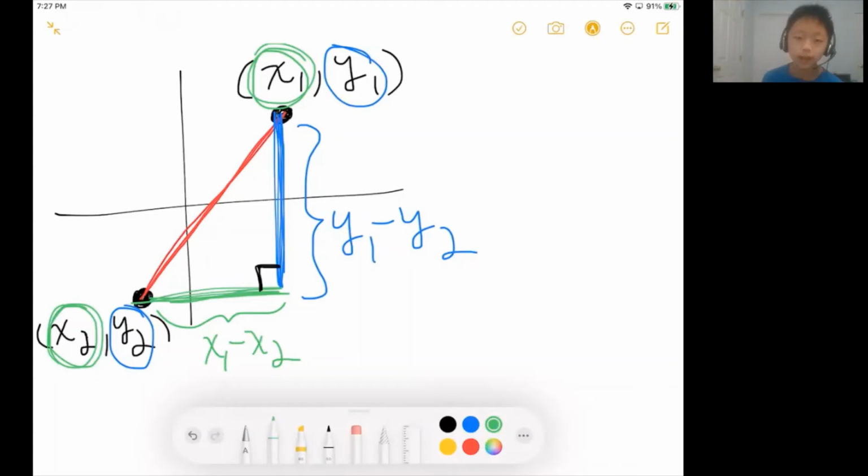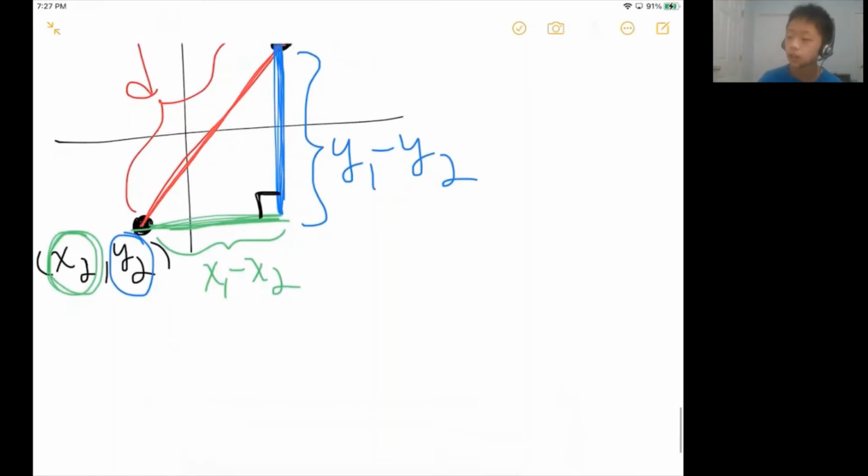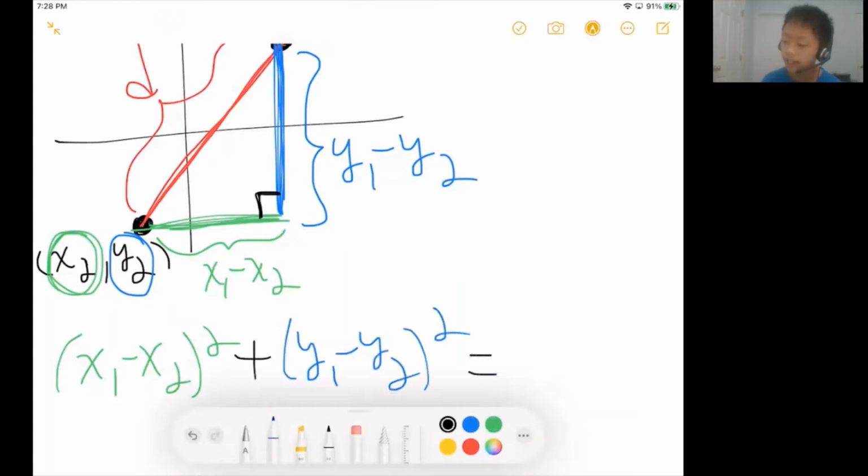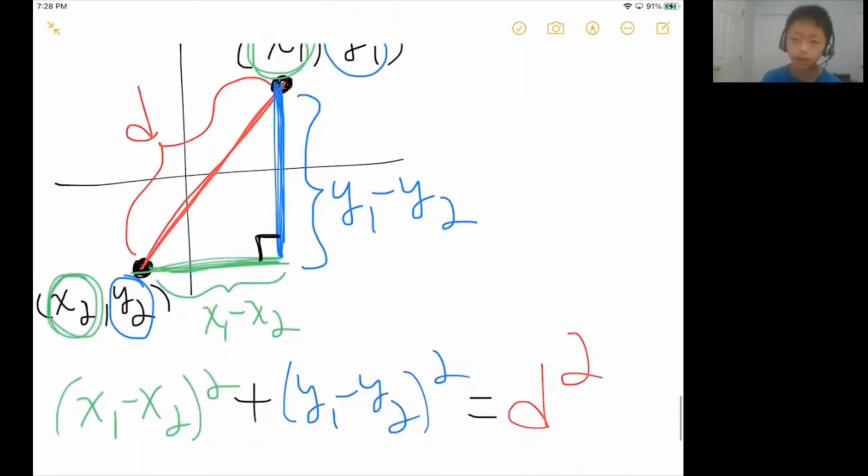Now we can apply the Pythagorean theorem. If we let d be the length of this red segment, then remember that last week we talked about the Pythagorean theorem, that the sum of the squares of the legs must equal the square of the hypotenuse. So that tells us that x1 minus x2 squared plus y1 minus y2 squared has to equal the distance between the 2 points, d squared, because we built this right triangle with a red side length, a blue side length, and a green side length.